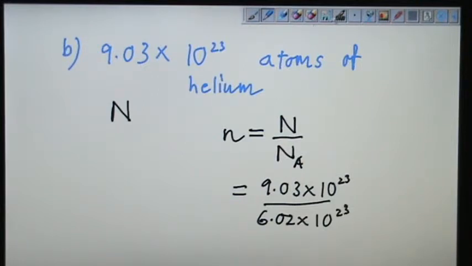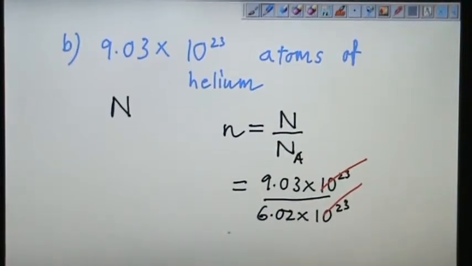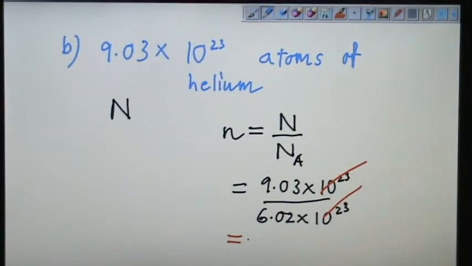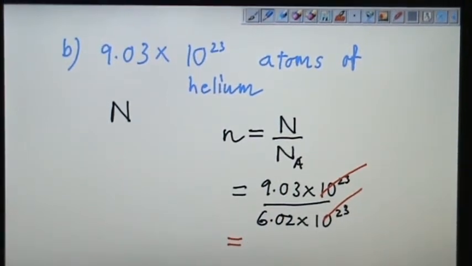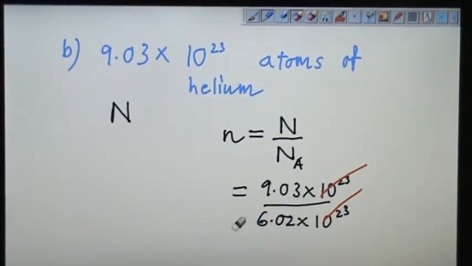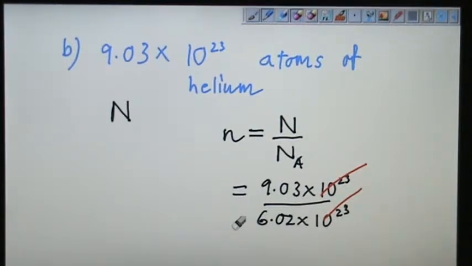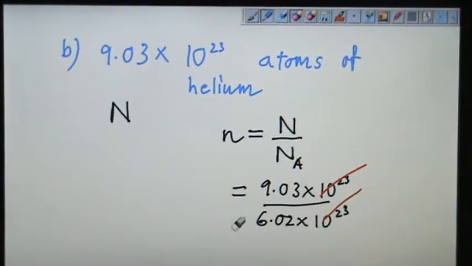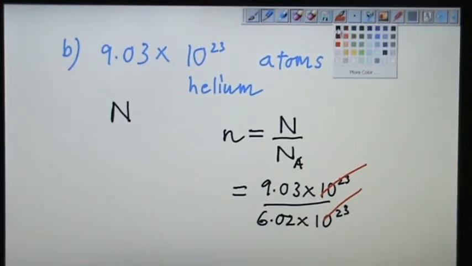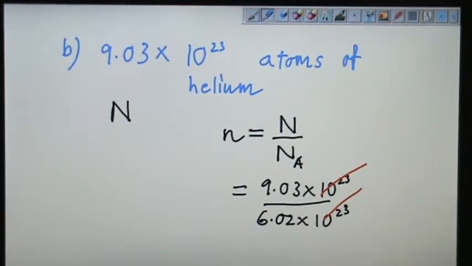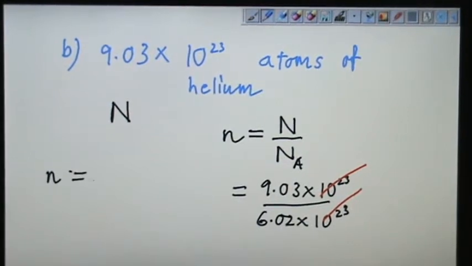I can do some elimination quite easily. 9.03 divided by 6.02 gives 1.5. So the number of mole is 1.5 mole.